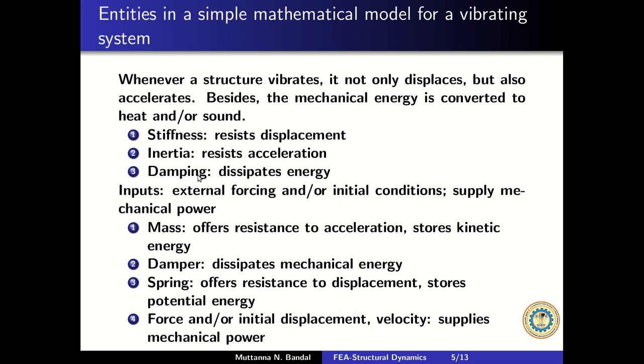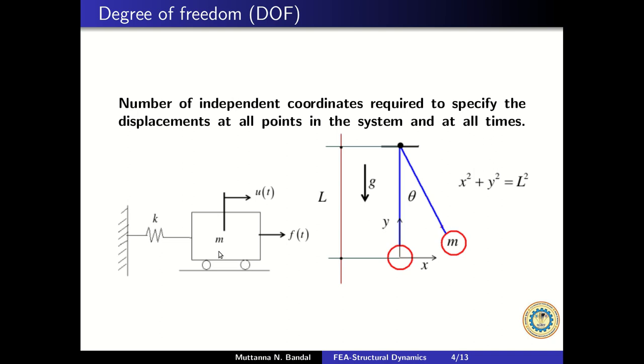And damping here can be the friction. Here the damper is not shown, but there will be some kind of friction between the roller and the support. In the sense, some of the energy is dissipated in the form of friction or heat.